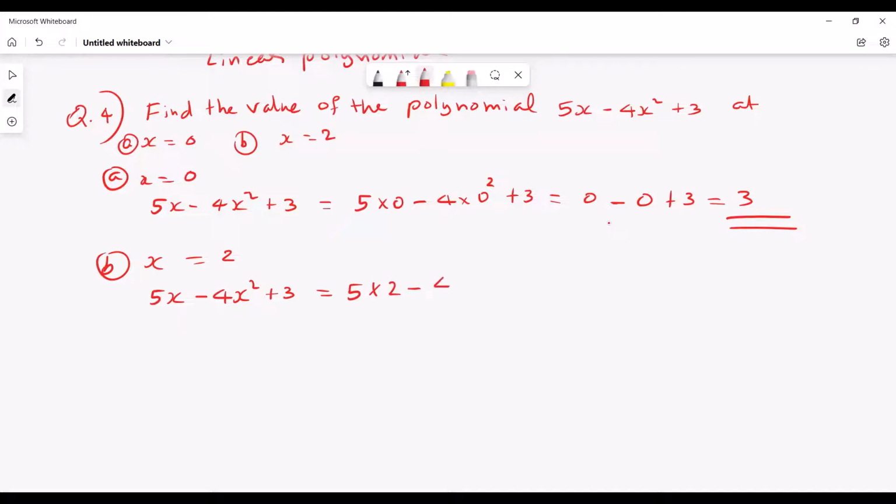Then minus 4 into x square will be 4 into 2 square, plus 3. It means 5 into 2 is 10, minus 4 into 2 square means 4 into 4, plus 3. That means this will be 10 minus 16 plus 3. So the answer will be 13 minus 16 is equal to minus 3.